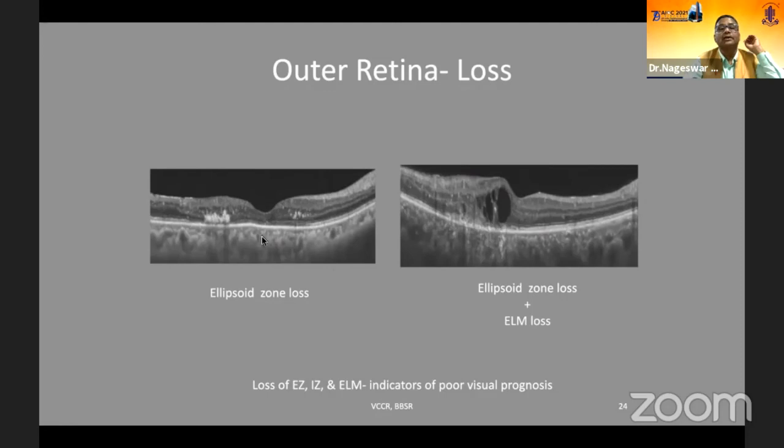So for outer retinal changes, we read from the external limiting membrane onwards: whether there is any change in the ELM, or the ISO junction, or the cones, or the RPE, wherever the changes are. Suppose some disruption is there in the layers, that means the prognosis becomes very bad, and if you keep on injecting anti-VEGFs, it may not be working.